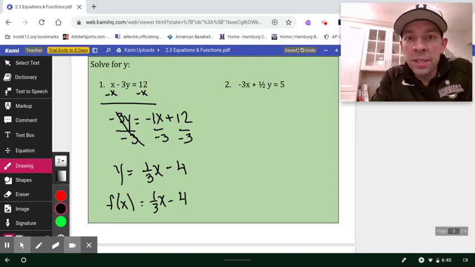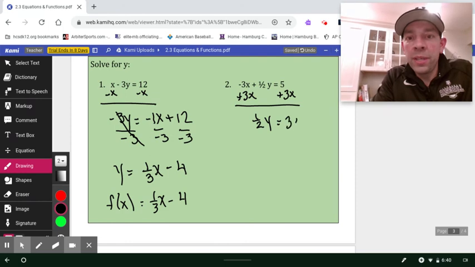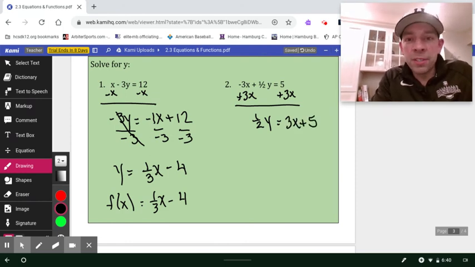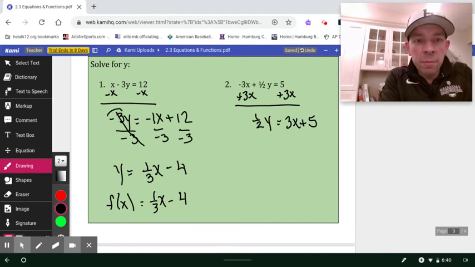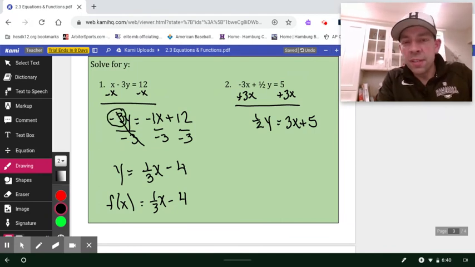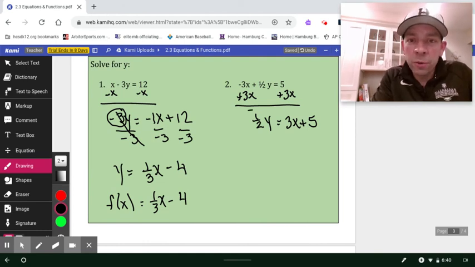Okay, next example here, I want to add 3x to both sides. So we're left with 1/2 y equals 3x plus 5. Here's my personal preference: we're trying to get rid of that 1/2. Some people may prefer to divide everybody by 1/2, the same way we divided everybody by negative 3 on this side. I'm going to use a slightly different trick, although it achieves the same thing.